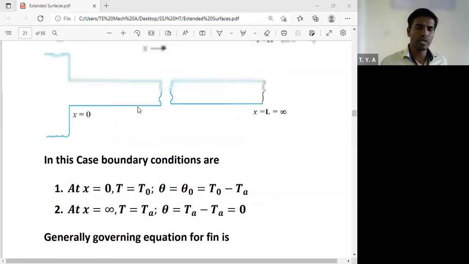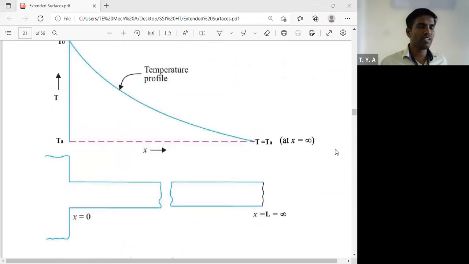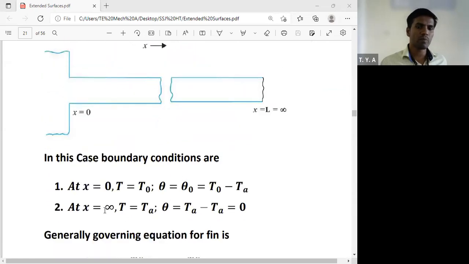In this case we have considered that the fin is infinitely long. Therefore what is the second boundary condition? At x is equal to infinity, that is, at the end of the fin, what will the temperature be? It will be the surrounding temperature. So at x is equal to infinity, T becomes Ta. Therefore theta becomes 0.